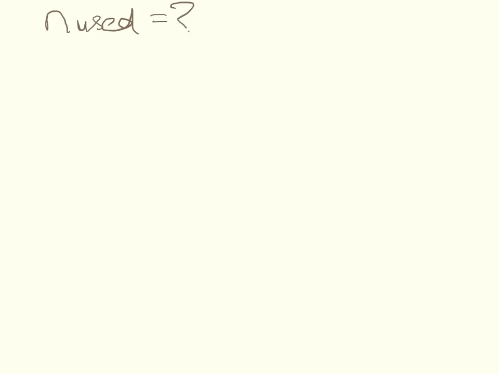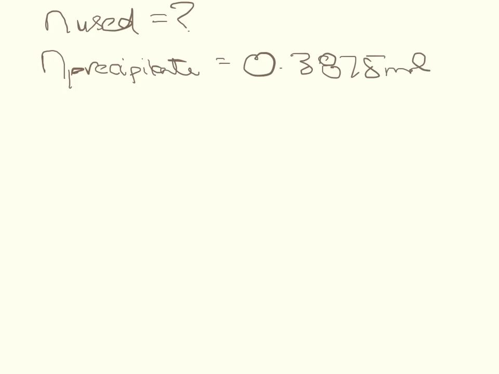And if you remember back to our last slide, or if you take a look at our last slide, the number of moles of that precipitate was 0.3875 moles. And if you look back at the chemical equation, we are going to aluminum iodide, and we're coming from the precipitate, which was lead iodide.